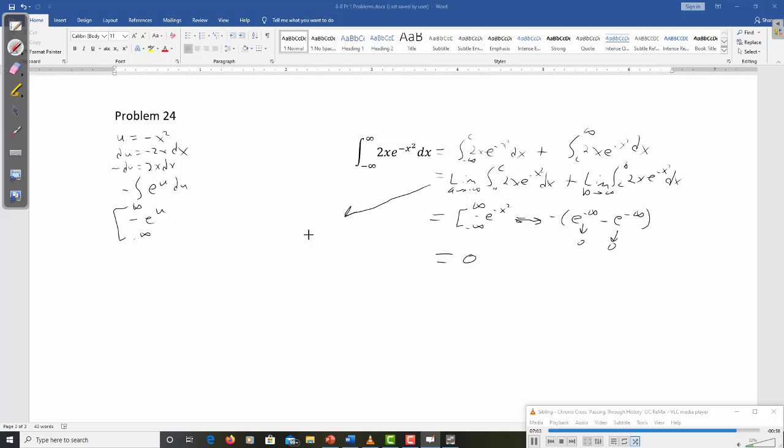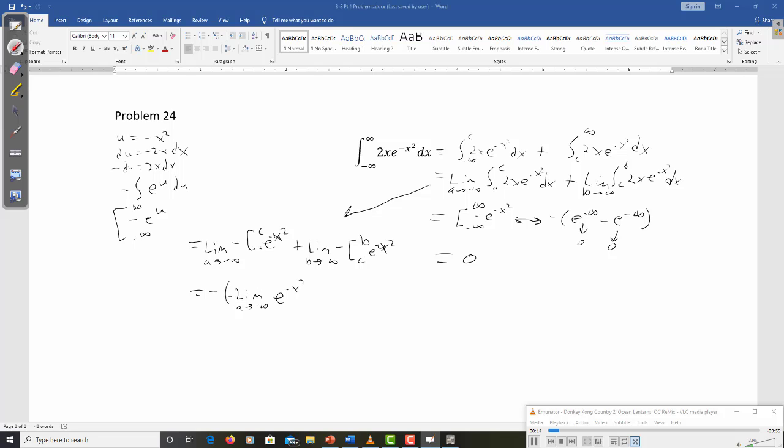It's more limits. If I follow this notation the rest of the way, we already did our integration work, so this would become the limit as a goes to negative infinity of the integral from a to c of negative e^u, plus the limit as b goes to infinity of negative, c to b of e^u. So pull out the negative: the limit as a goes to negative infinity of e^(-x²).